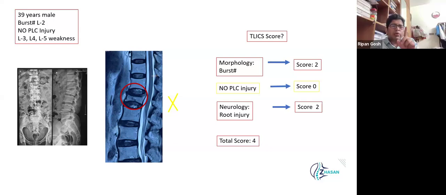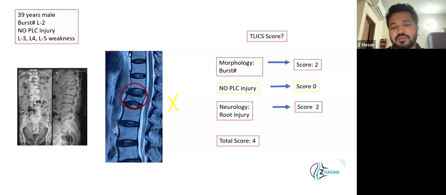I want to know here how you evaluate the patient, is it a root injury or not? This root injury is documented from the clinical examination. The patient has lumbar 3, 4, and lumbar 5 weakness. So we have to assume that the injury level is lumbar 2, where the cord basically ends at lumbar 1 and lumbar 2 level.